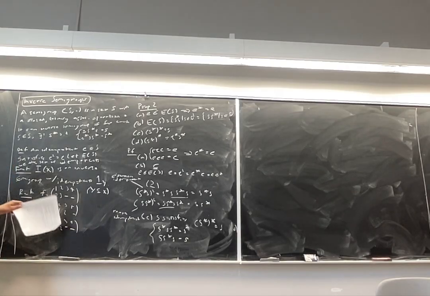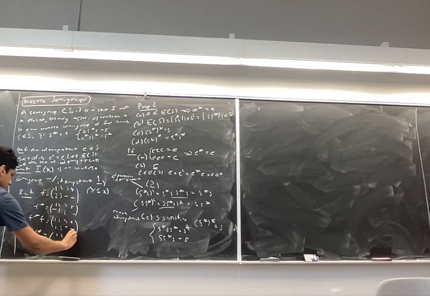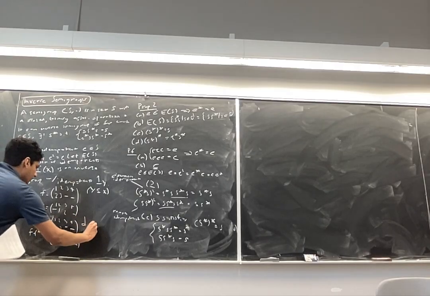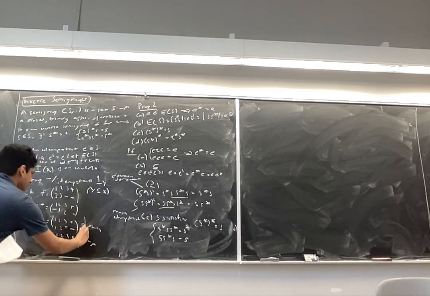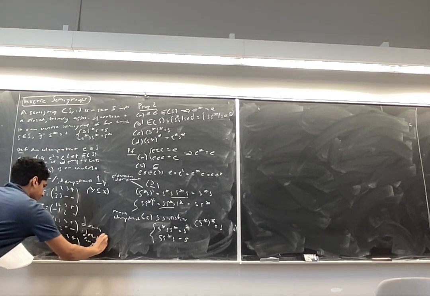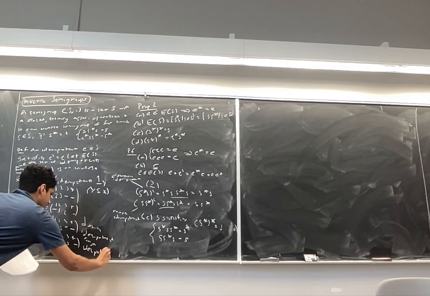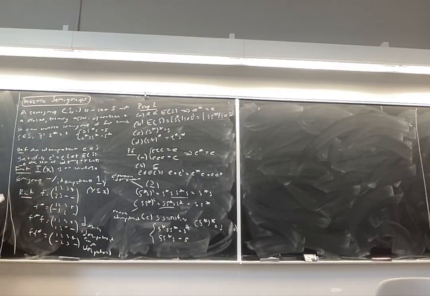So f star f is this partial identity, and f f star is, let's see, dash, 2, 3. So if you notice, we call this the domain idempotent because it's the identity on the domain 1, 2. And then we call the second one the range idempotent because it's the identity on the range 2, 3.